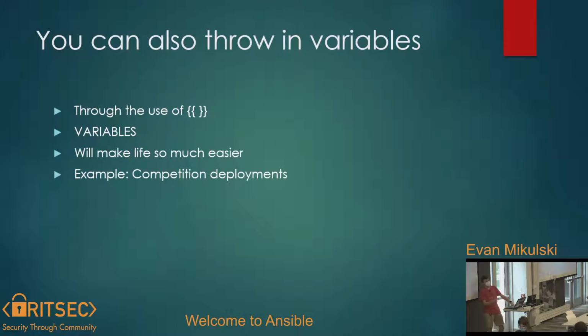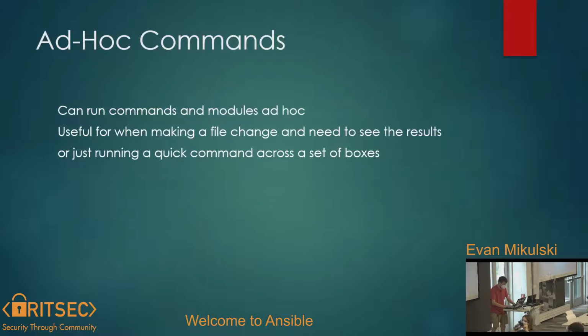Let's say you're dynamically doing host names, spinning up new boxes and you want to define host names. Just put that in the group_vars file and then call it right here. It makes it so much easier. A very relevant example is competition deployments. When you're trying to deploy against multiple teams, the use of variables makes it so much easier.